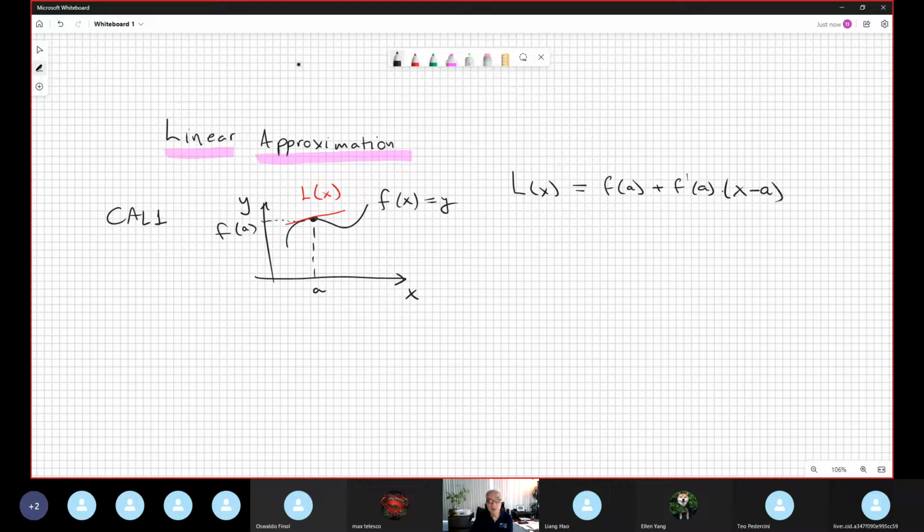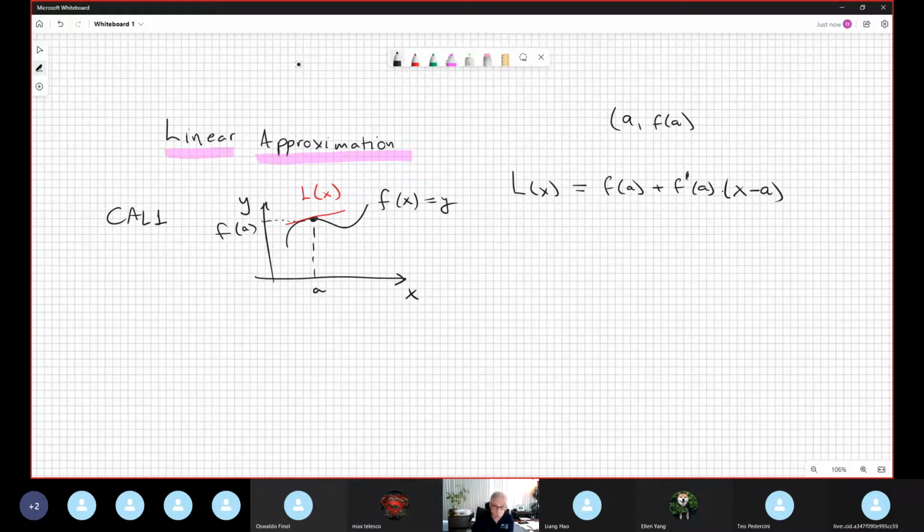The linear approximation involves the specific point, a comma f of a, and the slope of the tangent line is the derivative. Do you see it before, right? Yes or no?